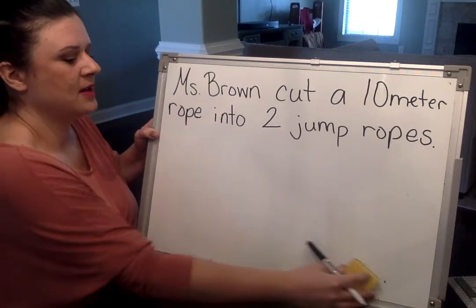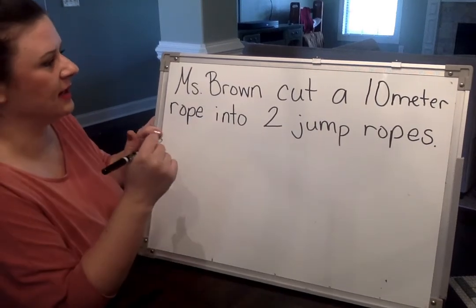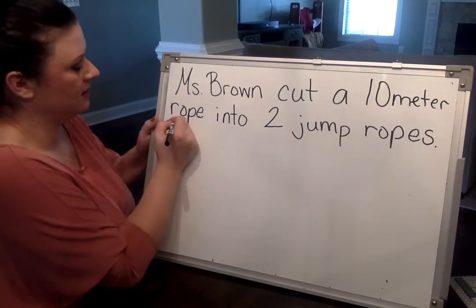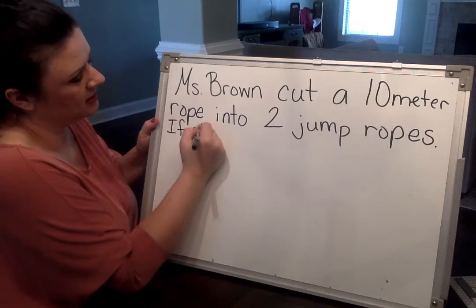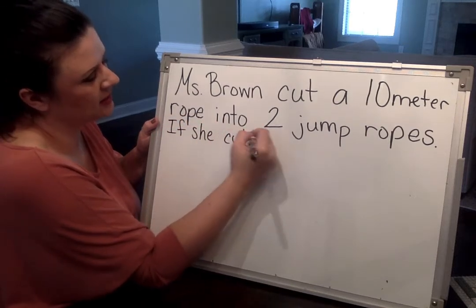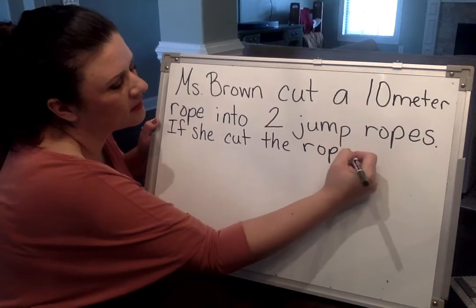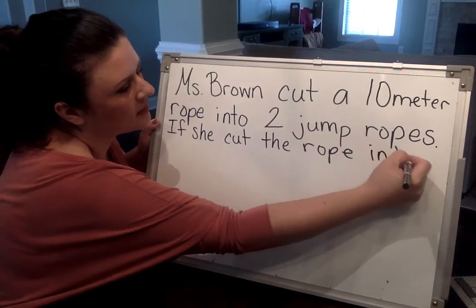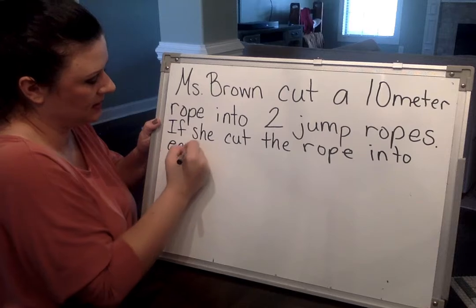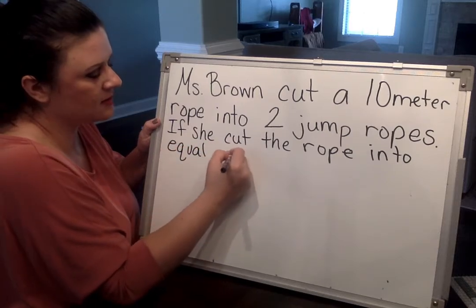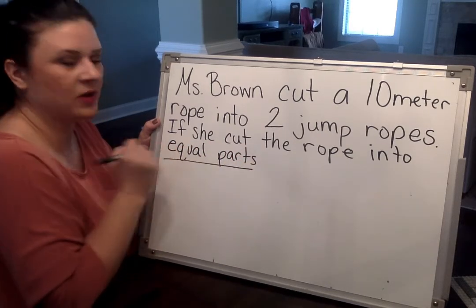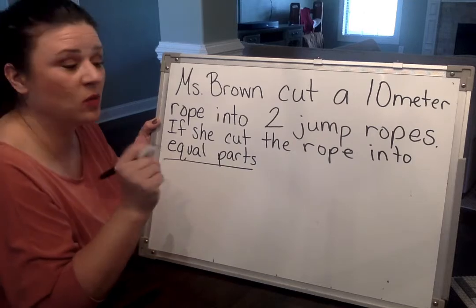Oh. So I think the question might be, if she cut the rope into equal parts. Hey, here's that word, equal parts. When we're talking about fractions, we're talking about equal parts.